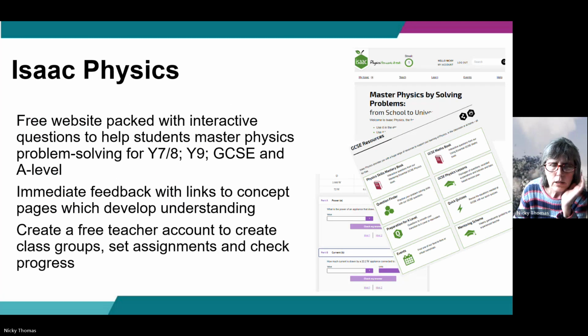Okay. So the next little bit here is really getting you to think about something called Isaac Physics, and to spend some time yourselves independently on this website.